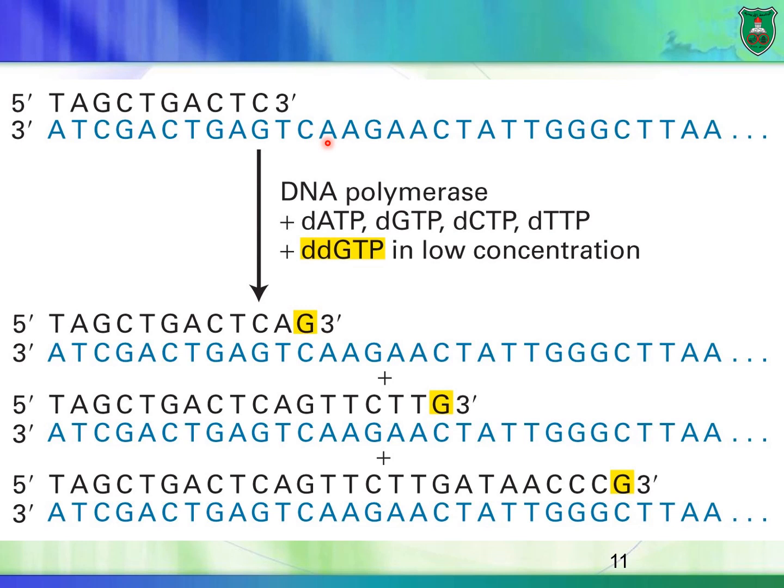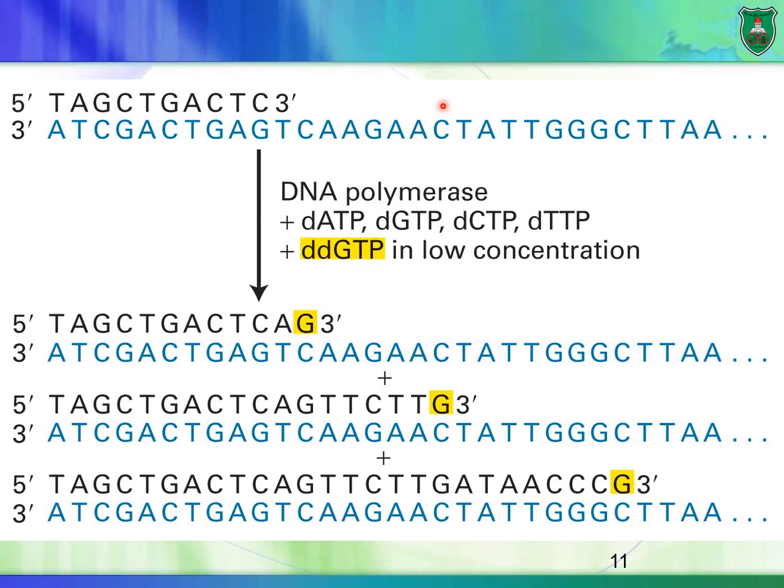So the DNA polymerase would add, here's an A, it would add a T, A, T, G, C, A, T, A, T, C. Aha! Now, either a deoxy-GTP is added or a dideoxy-GTP is added. If a deoxy-GTP is added, it means that synthesis would continue. If a dideoxy-GTP is added, synthesis is terminated right here at this point.